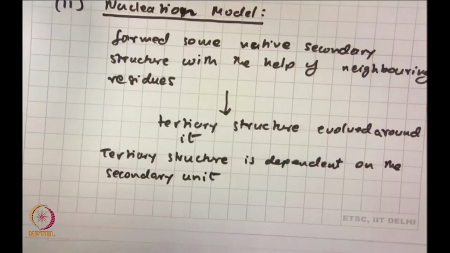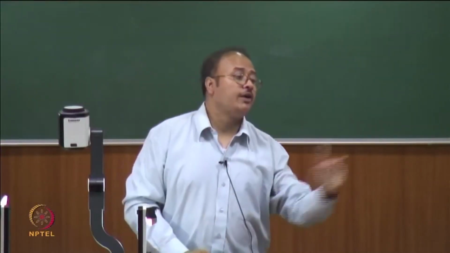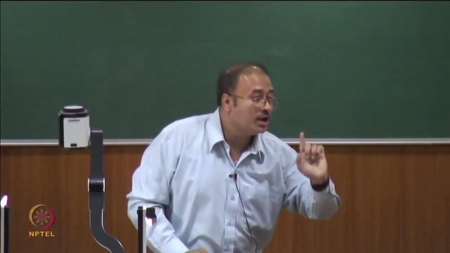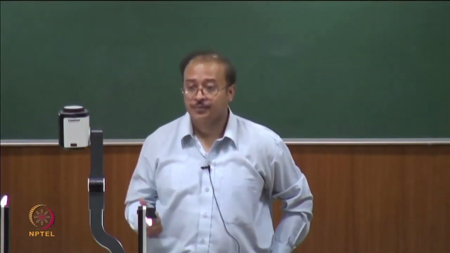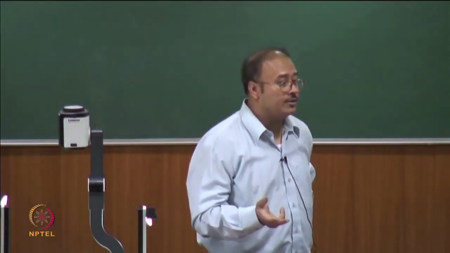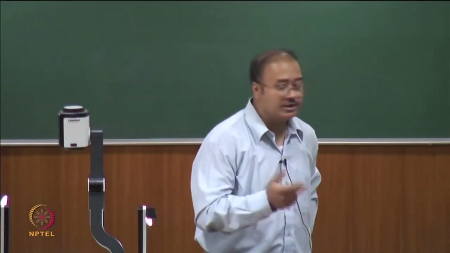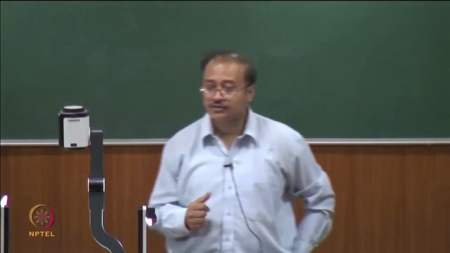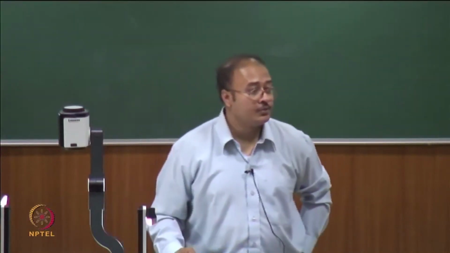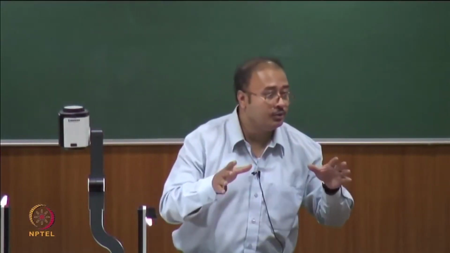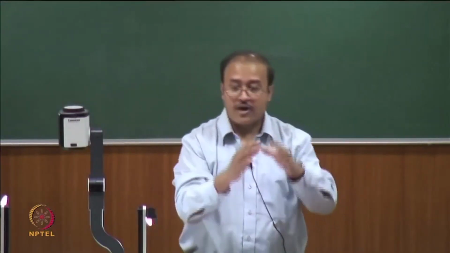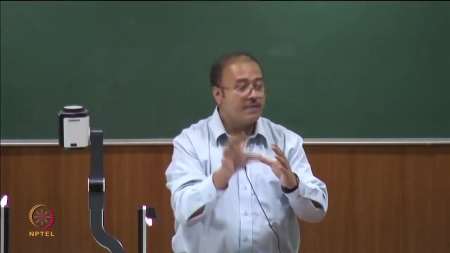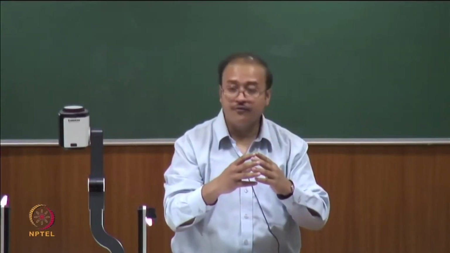Now, what is the difference here between a nucleation model and a framework model? See, how many arrows have I drawn here? I have drawn one arrow, which symbolizes that you are not going to have an intermediate. Try to realize why. When we talked about the framework model, the microdomains were a definite type of intermediate, and then it moved on to the final native state. In the nucleation model, you are not saying that full blown microdomains form. Instead, neighboring residues come together and form a nucleus.